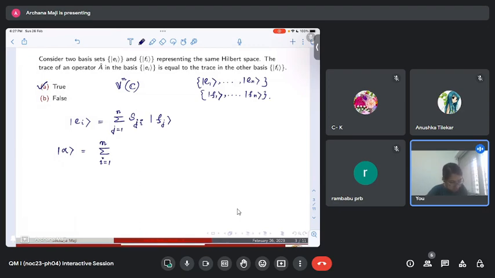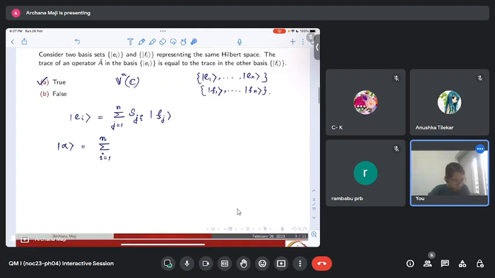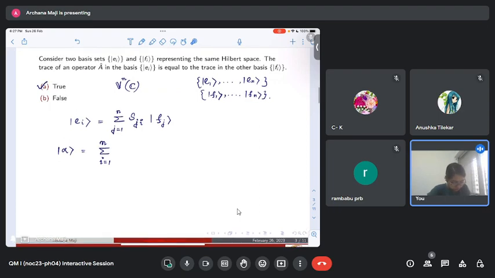And any other basis vector, any other state. This is any state in the Hilbert space, not the basis vectors that we have here. Just give me one more. Sorry.